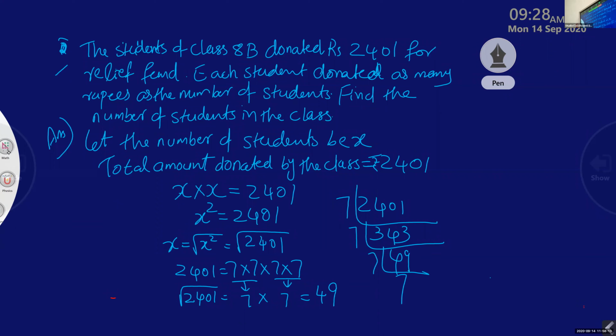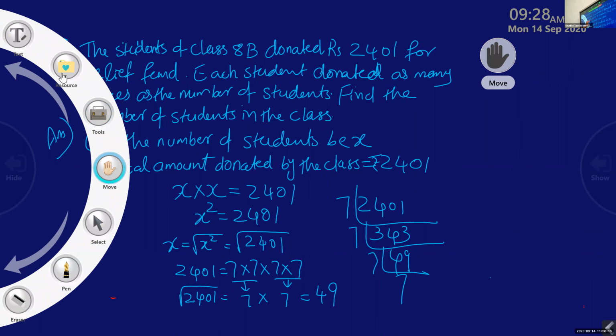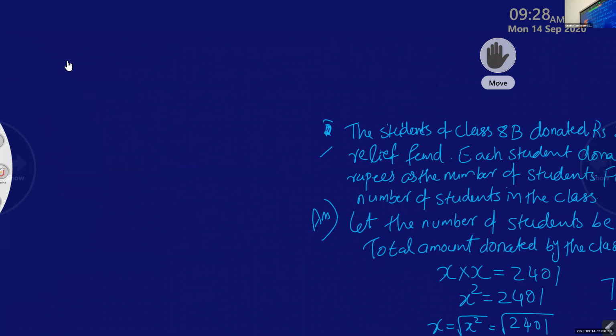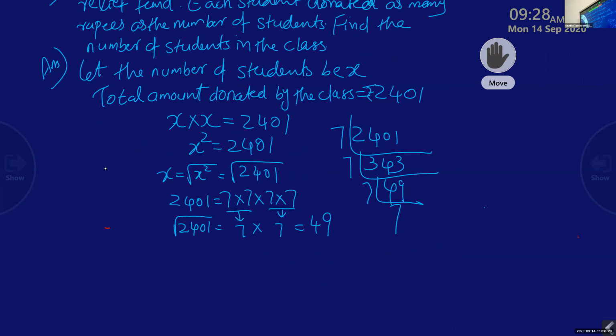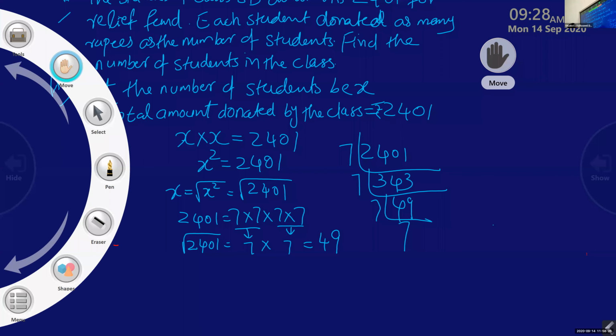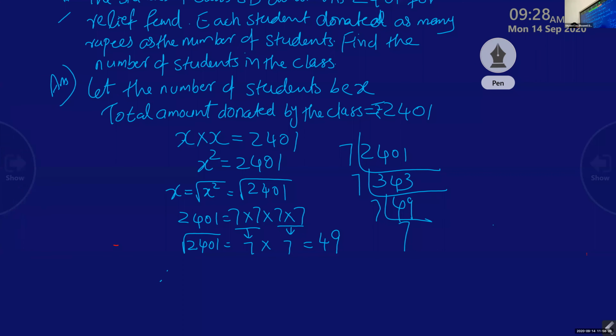So there are 49 students in the class, and each student will donate how many rupees?